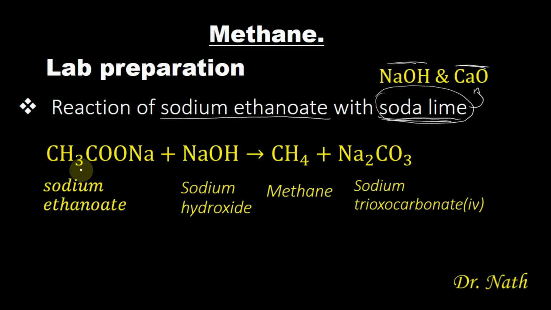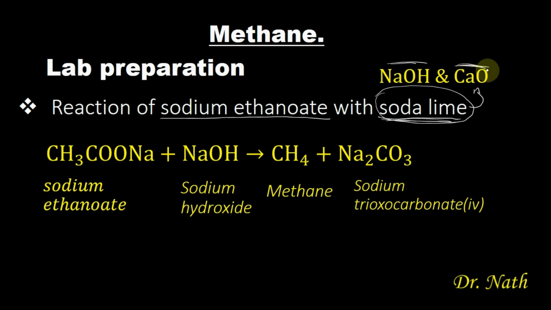Okay, so when sodium ethanoate reacts with soda lime, you will have methane and sodium carbonate. But in this equation, just know that the reacting species from the soda lime is sodium hydroxide. There is a reason why soda lime is used rather than sodium hydroxide alone, but what will take part in the reaction is sodium hydroxide.